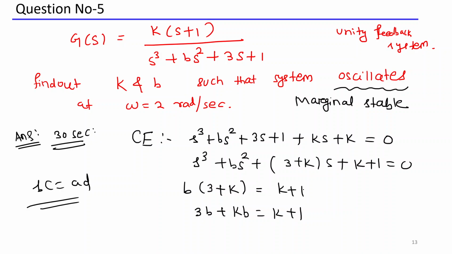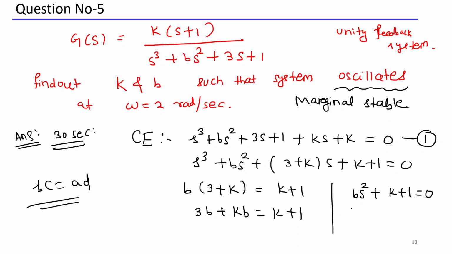There are two unknowns, and you know that when a system oscillates at omega equal to 2 radian per second, then in this characteristic equation you make the even terms equal to 0. So what are the even terms? Even terms is bs square plus k plus 1 equal to 0.